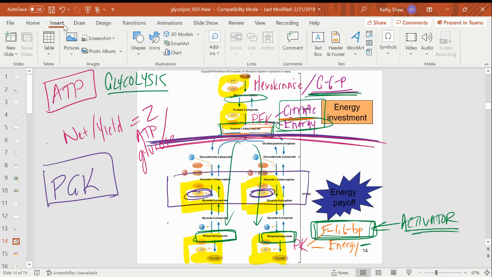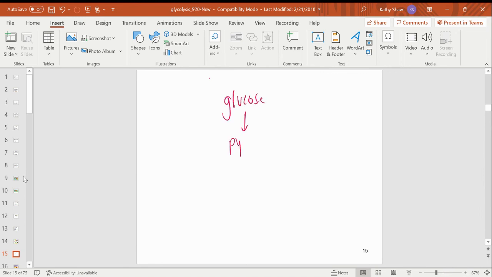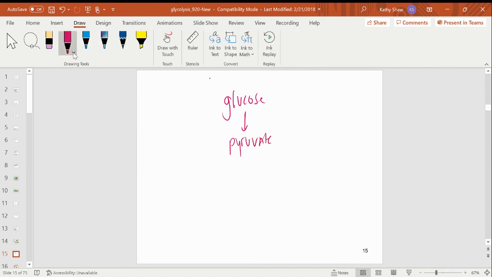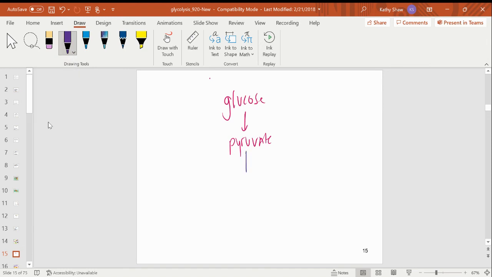Now, let's talk about the Cori cycle. So, we took glucose to pyruvate in glycolysis. We did not need oxygen to do that. However, once we get there, pyruvate looks around and says, do I have oxygen?